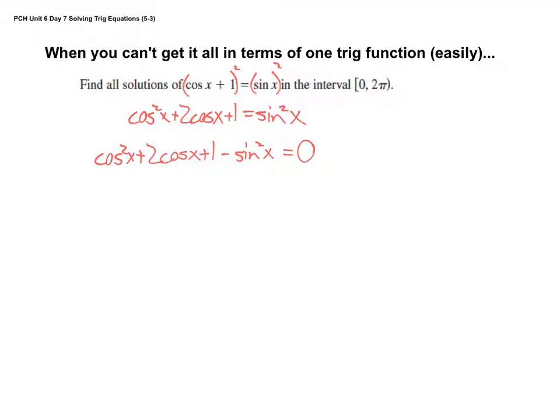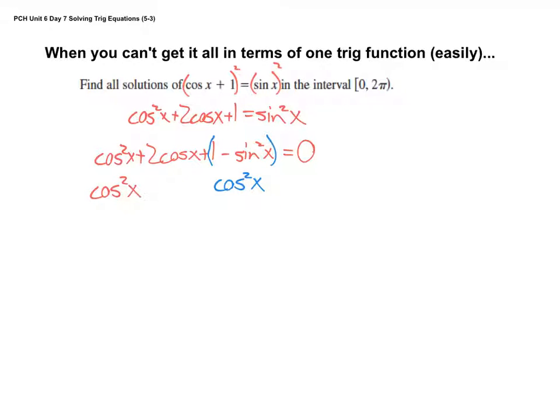Or you could even see it here, a 1 minus the sine squared x is cosine squared x. However you choose to plug it in is fine either way.